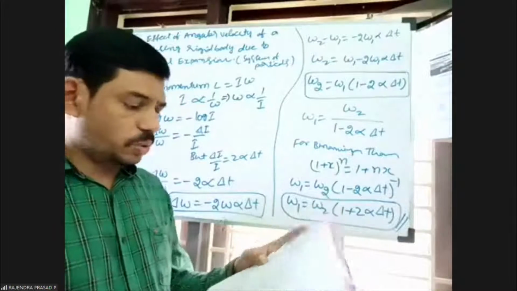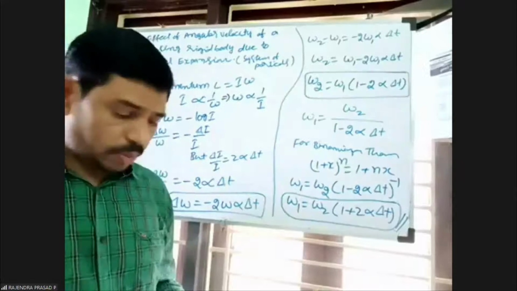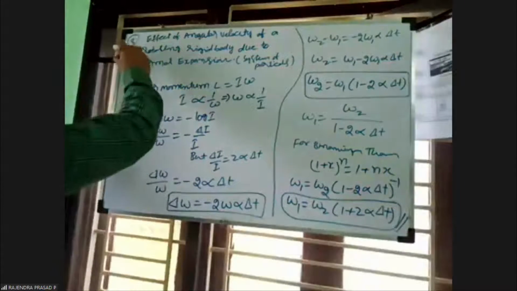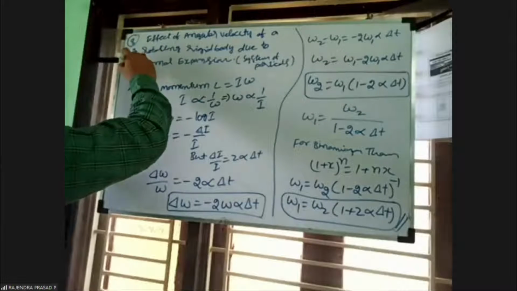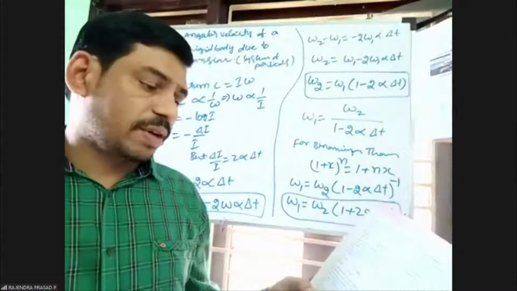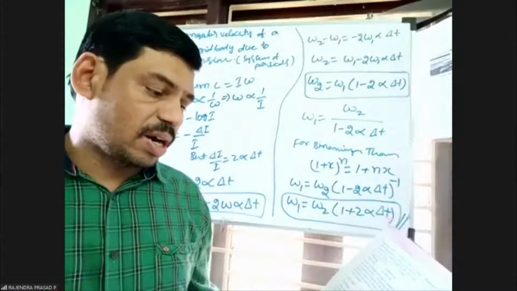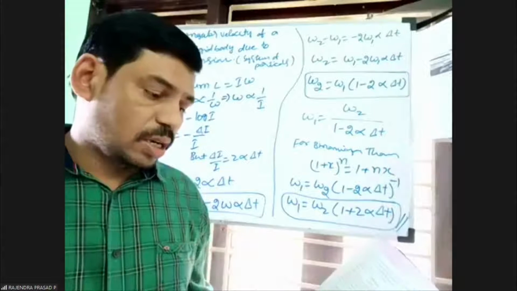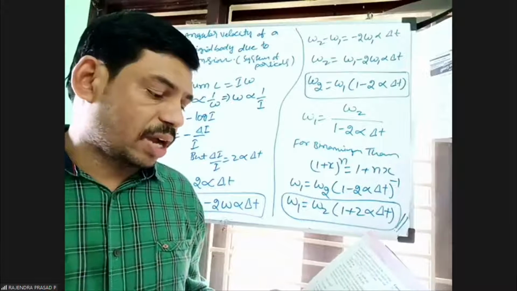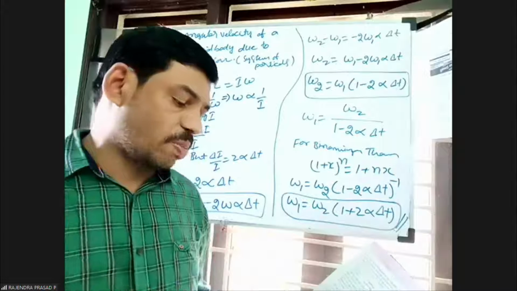Exercise 3, problem number 17. A sphere of coefficient of linear expansion alpha, mass m and radius r is spinning about an axis through its diameter with angular velocity omega.